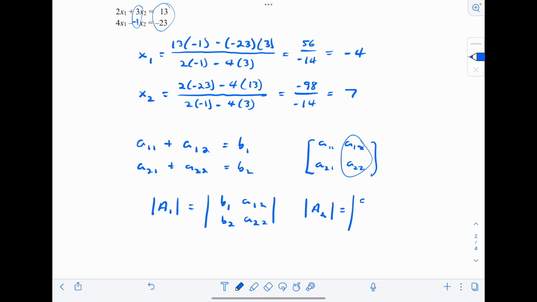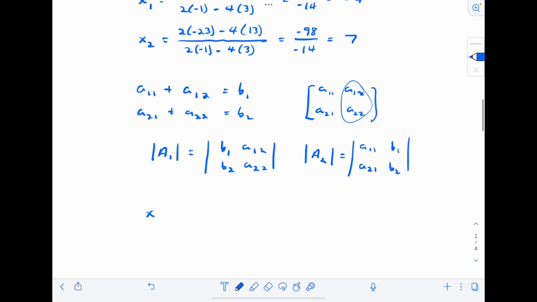So I'm going to take a11, a21, b1, b2, and find the determinant of that, which would be the numerator for x2. Okay? So x1 is just the determinant of A1 divided by the determinant of A. x2 is the determinant of A2 divided by the determinant of A.